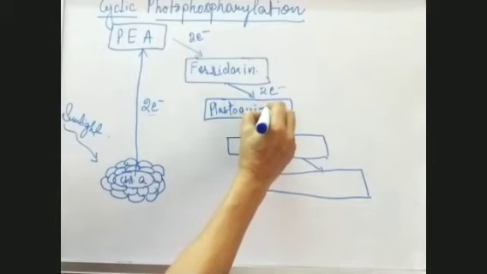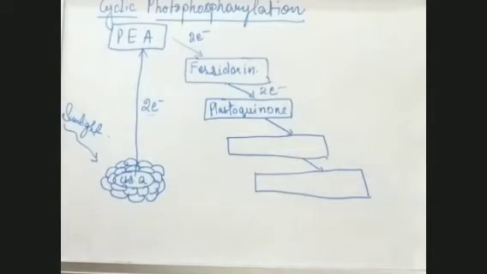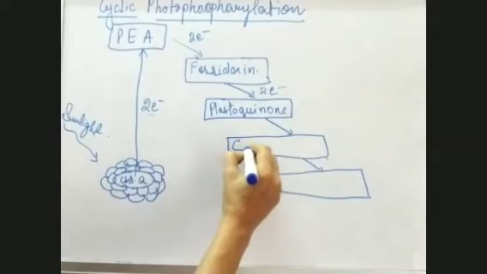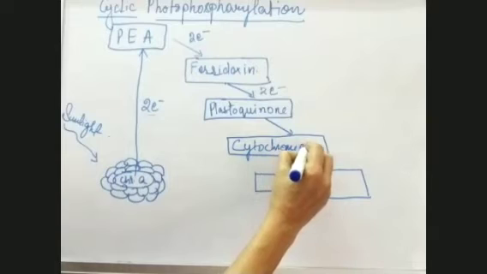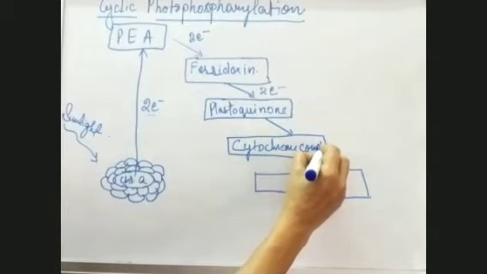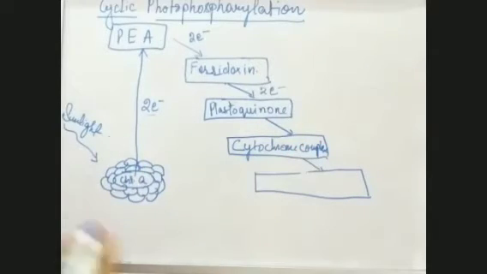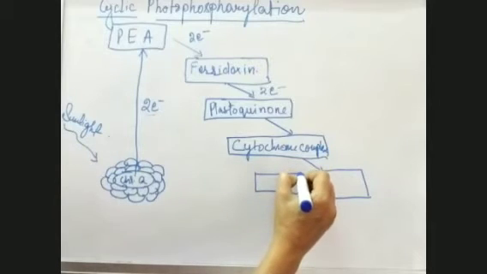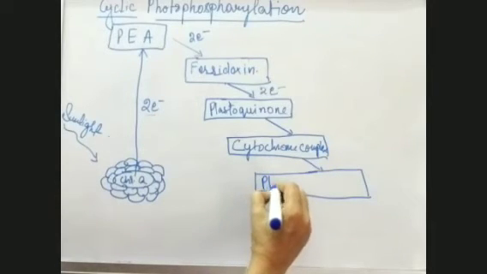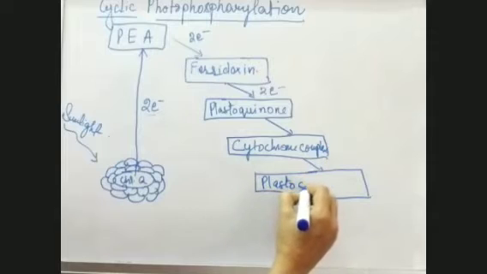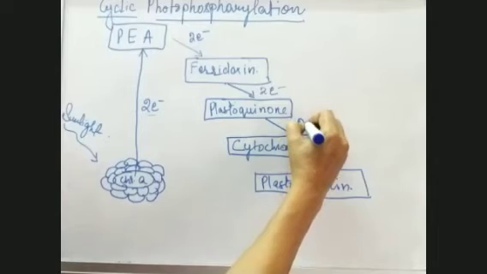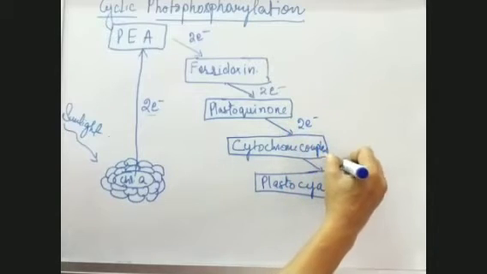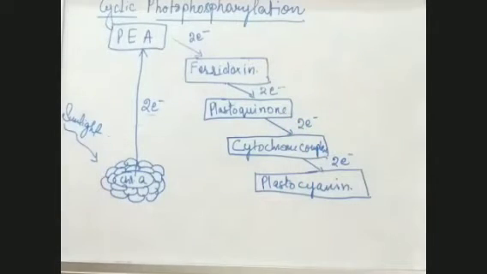The third is the cytochrome complex. And the fourth one is plastocyanin. So it travels here, then here, downhill into this electron transport system.